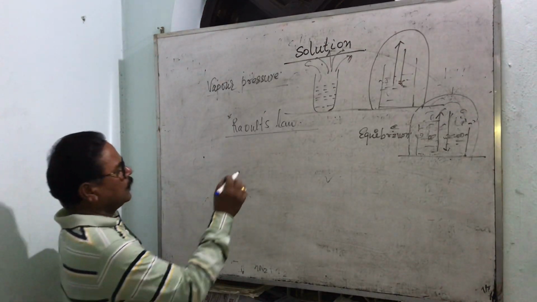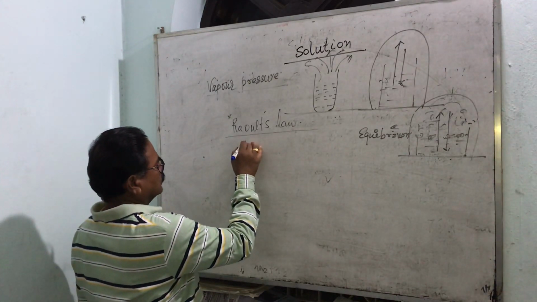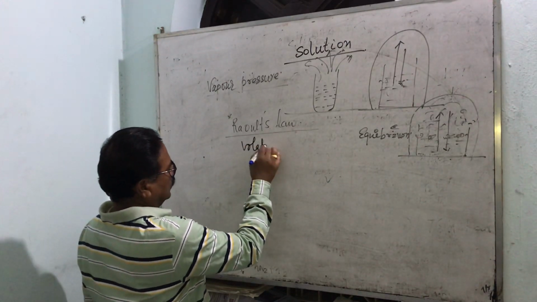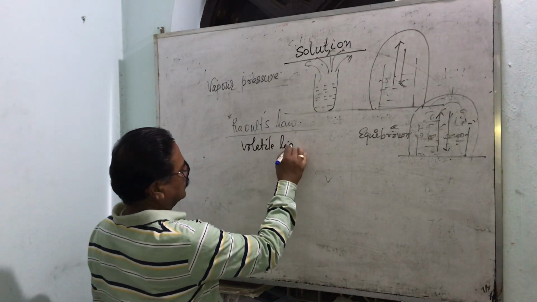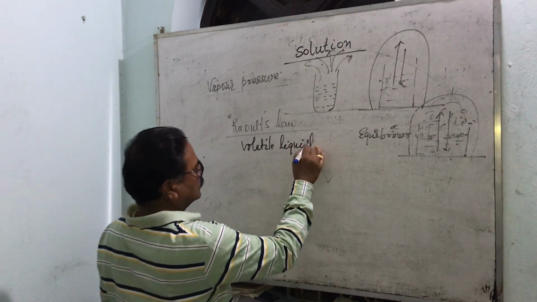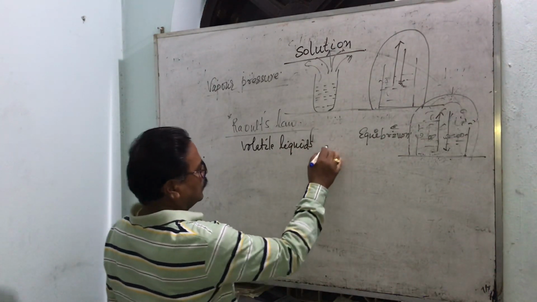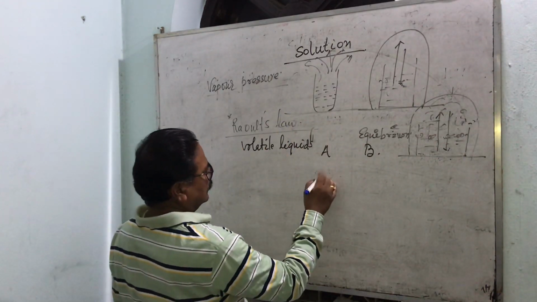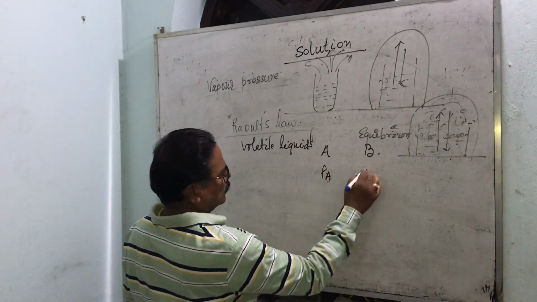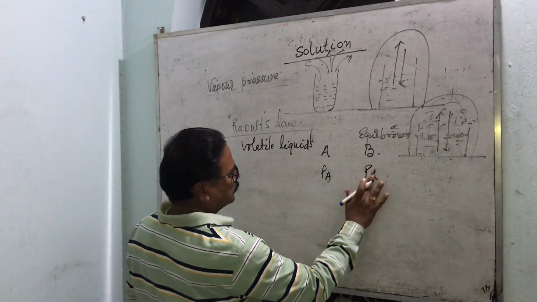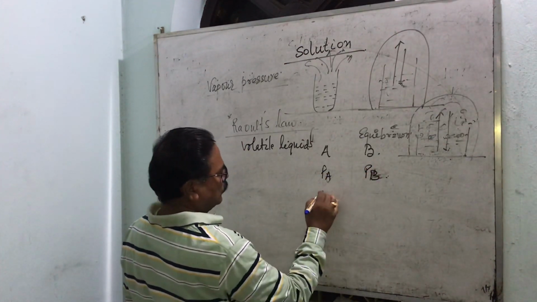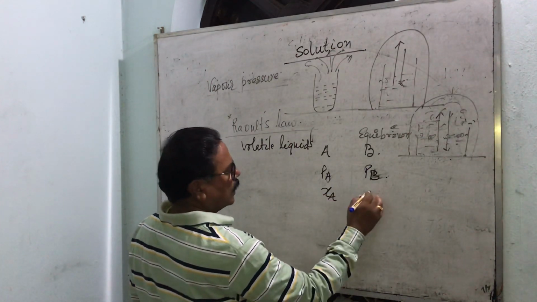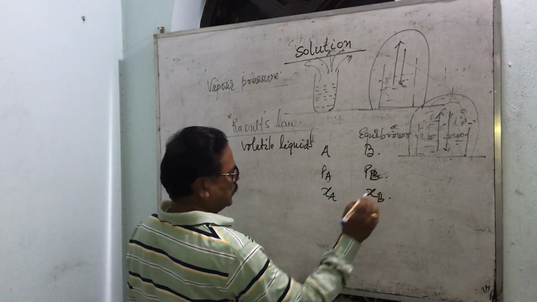Suppose we consider two volatile liquids as components A and B. Let their pressures be PA and PB, and the mole fractions be XA and XB.